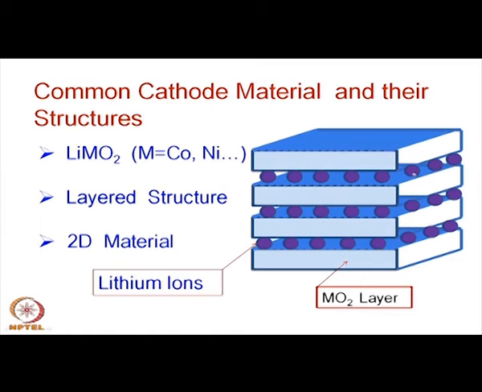Okay. The lithium ions can move in both directions. It can move in the x direction as well as the y direction, but it cannot move in the z direction. In the z direction, these layers are obstructing. So, the mobility is in both the x and y directions, and that is why it is a two-dimensional intercalation material.